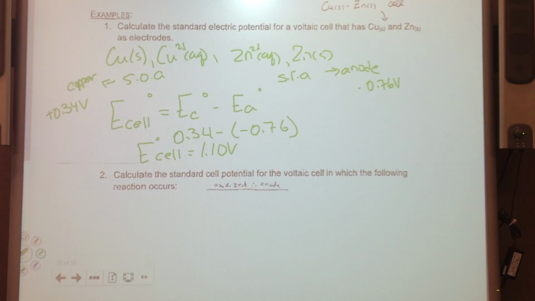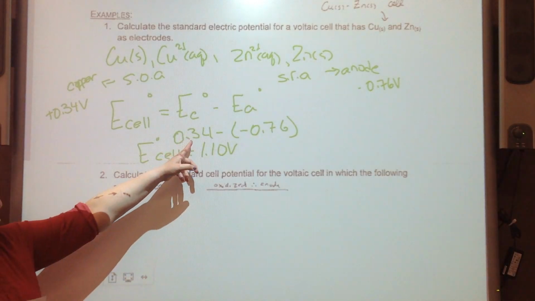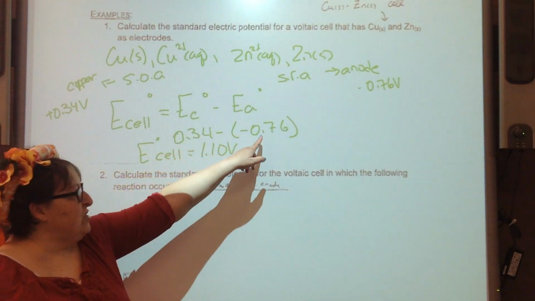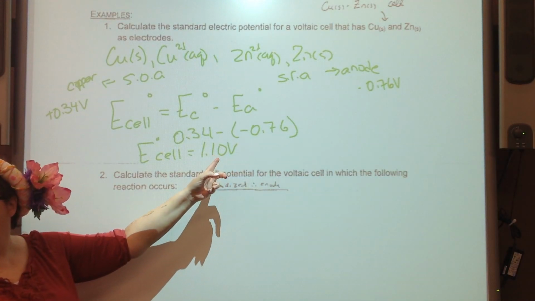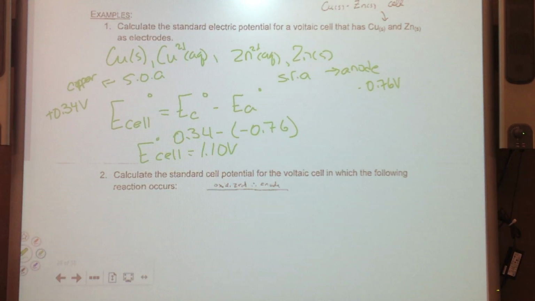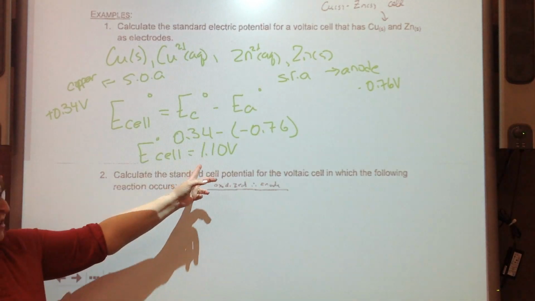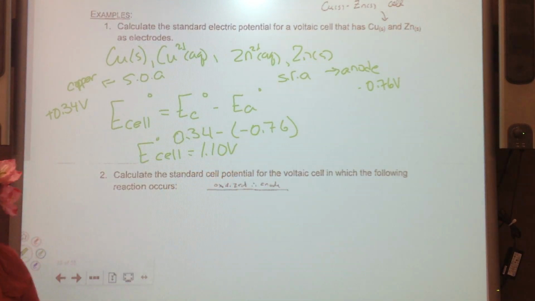There's 2 behind this one and 2 behind this one, so we need to make sure we have 2 behind the decimal. What we're used to seeing is 3 sig figs, but because it's addition and subtraction, we need 2 behind the decimal.